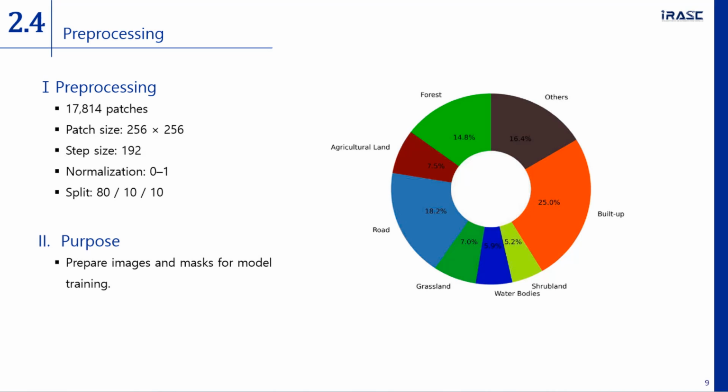Then, the pixel values were normalized to the range from 0 to 1, which makes model training more stable. The labels were also converted into one-hot encoding, which means class labels were transformed into a numerical format that the model can process. Finally, the dataset was split into 80% training, 10% validation, and 10% testing.